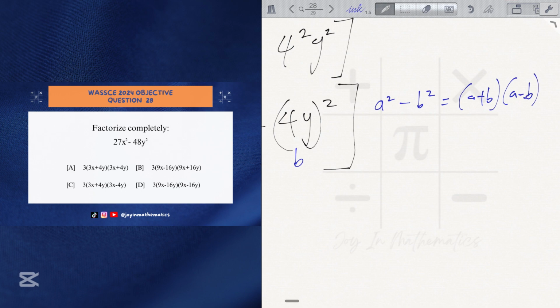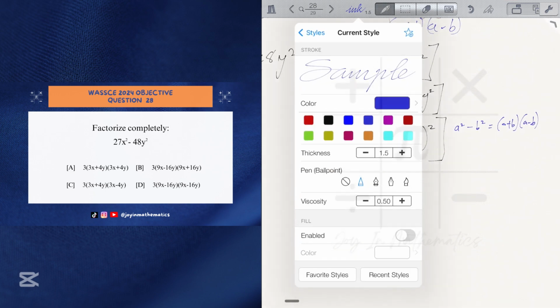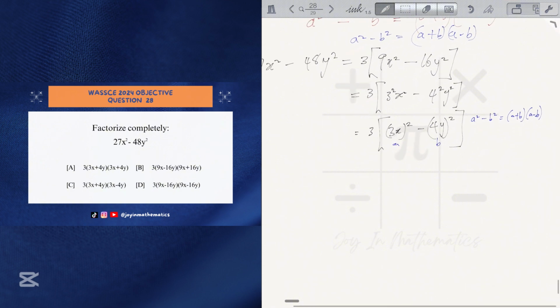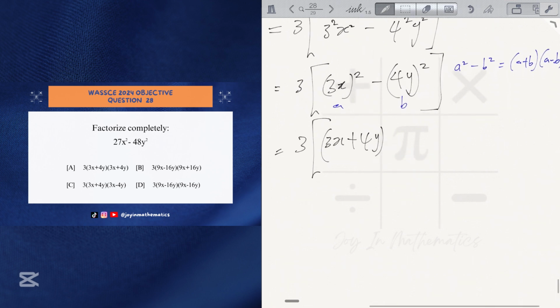So in view of that, let's simply factorize completely. Factorizing completely, we have 3 into a plus b, that's 3x plus 4y, into a minus b, and that is 3x minus 4y.